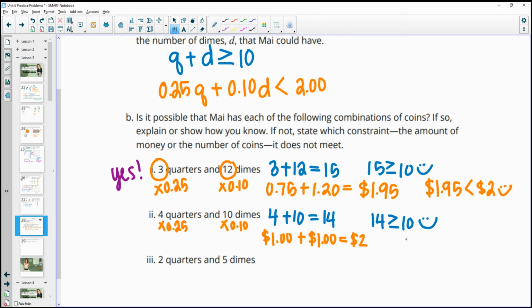Now, $2 is not less than $2. So this is bad. It had to be less than $2, and this is equal to $2. So this combination is not possible because the value isn't less than $2.